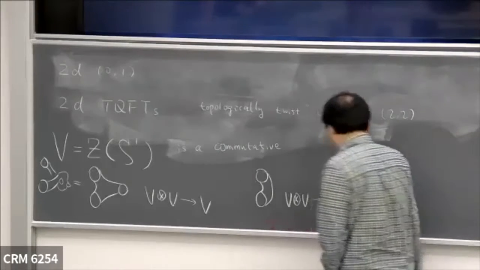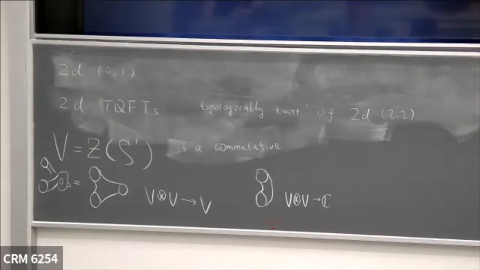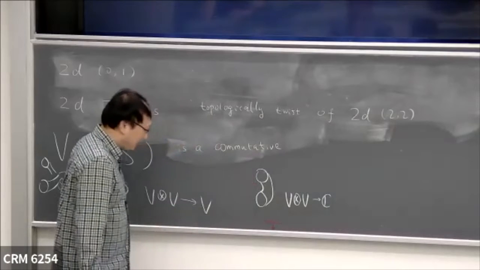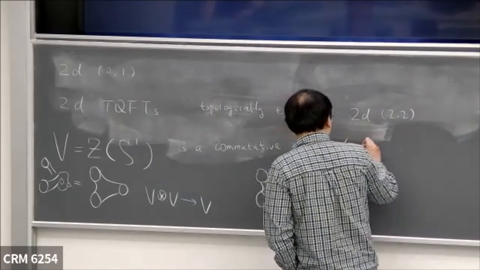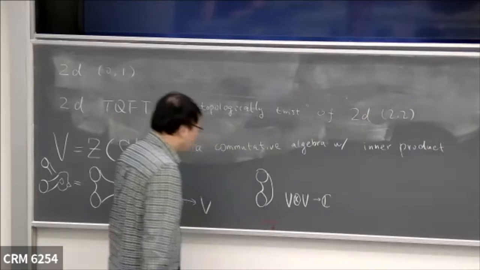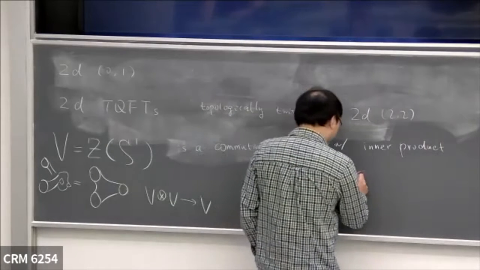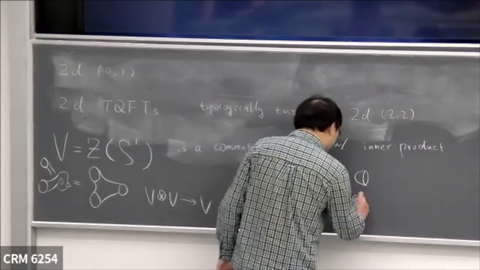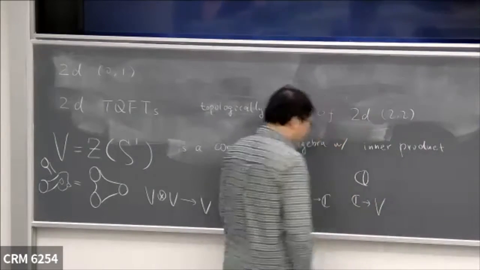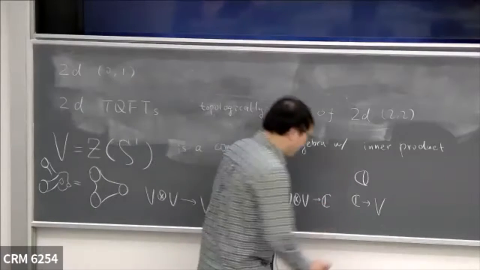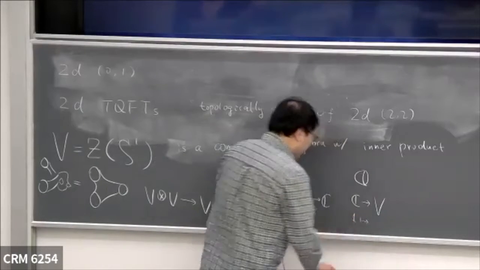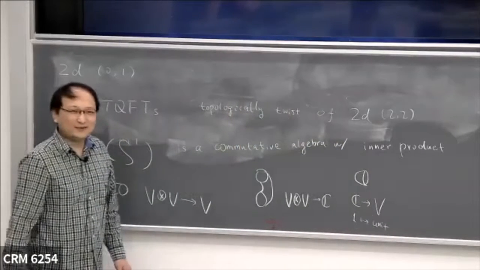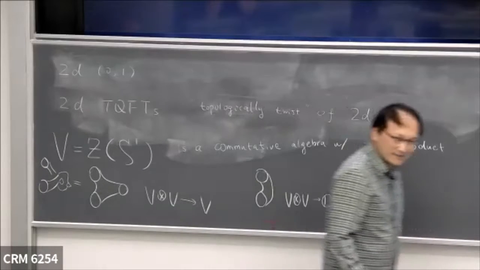In this case, let's assume that it is the complex numbers. And this again has to be symmetric. Also, you will have a unit given by the cap. That's a map from C to V. If you look at the image of 1, that's mapped to some element in V, and it's easy to convince yourself that this is going to be the unit.